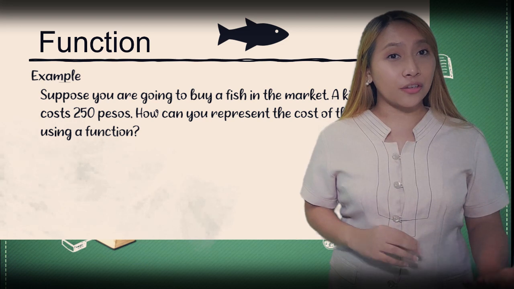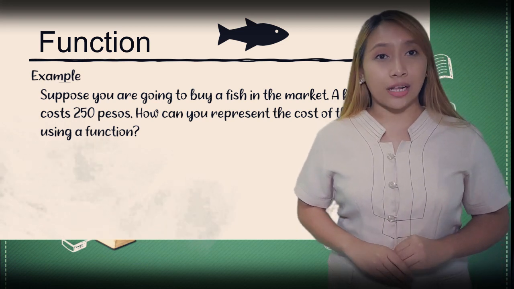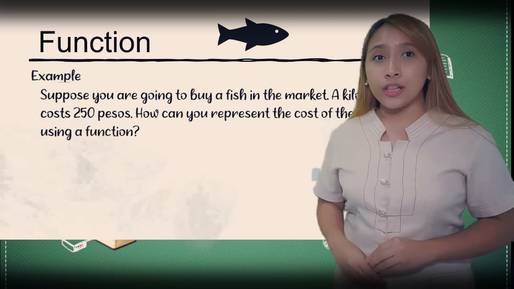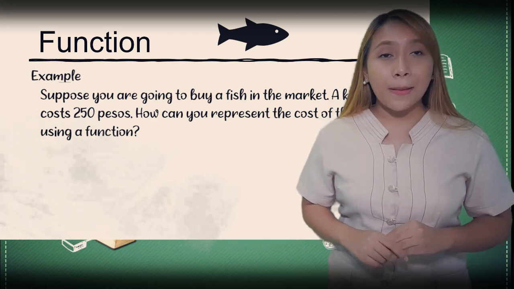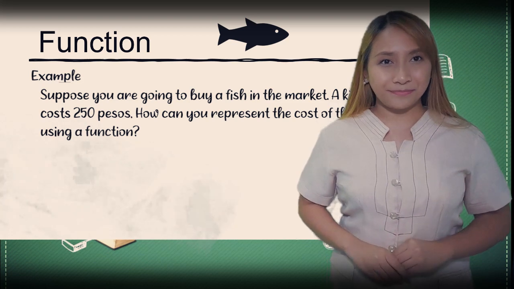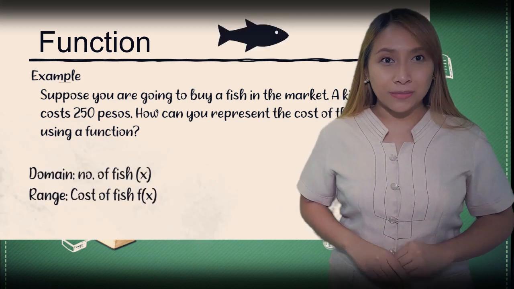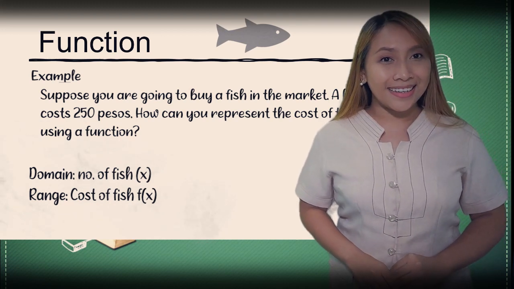Remember that the value of the range depends on the value of the domain. So in this example, what variable depends on the other variable? The cost of the fish depends on the number of kilograms that you are going to buy.